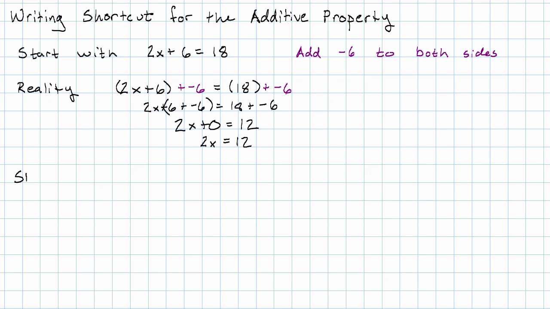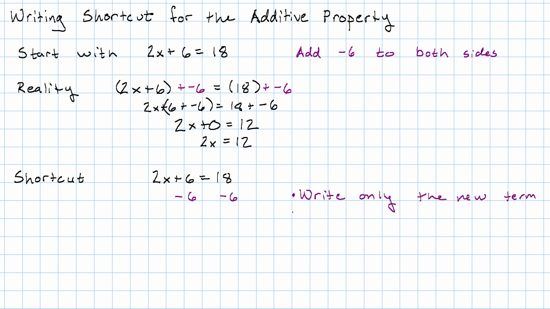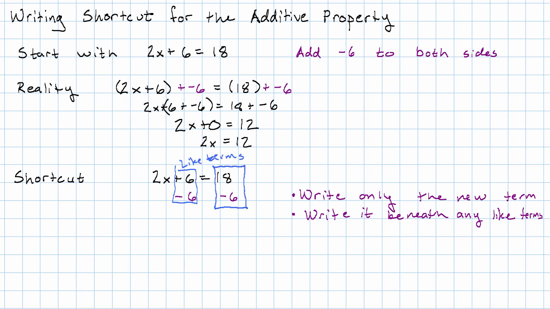As a shortcut, after I've written my 2x plus 6 equals 18, I could, on the next line, write in only the new term, negative 6. I'm writing in only the new term, and furthermore, I'm writing it beneath any like terms. So notice these are like terms, and these are also like terms.